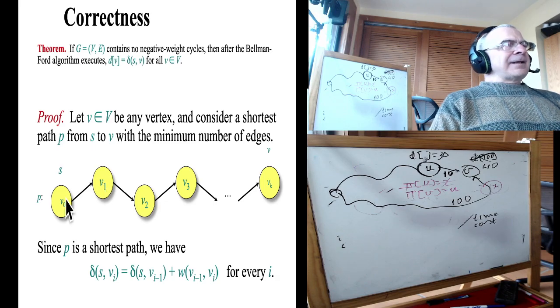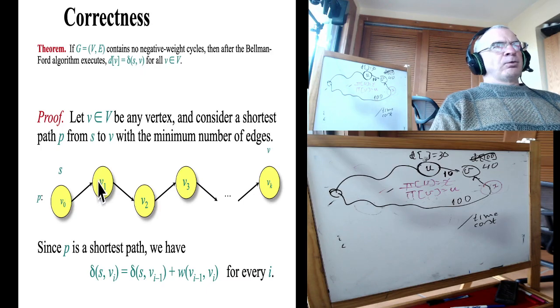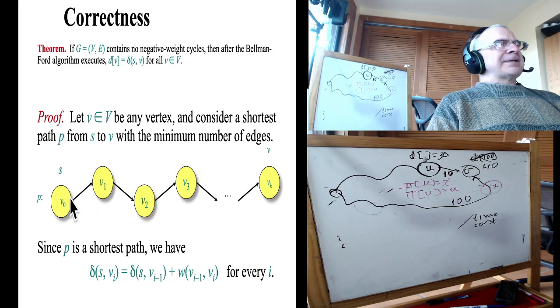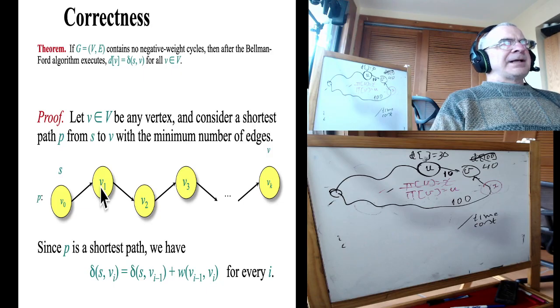So after I access the edge from V0 to V1, again, remember that's the optimal path, then I'm sure that D of V1 will be the correct value. We will have a lemma that says D of V1 will be no larger than the length of the shortest path, and D of V1 after one iteration cannot be smaller than the length of the shortest path, because it's always the length of a path.